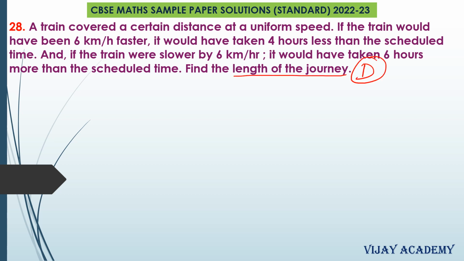Now to find the distance, speed and time are not given. Only the changes in the time and the speed are given. So let us first find the speed and time, and then we find the length of the journey, that is distance. First let me take the speed and the time as x and y.